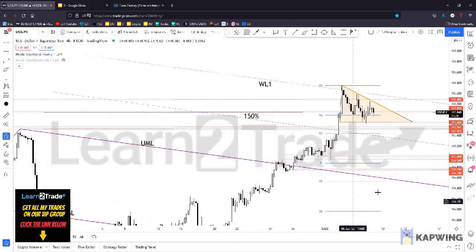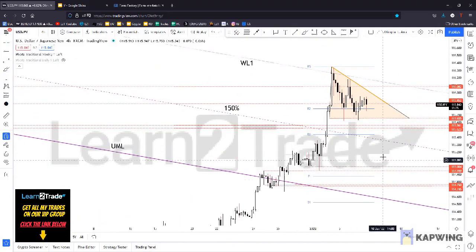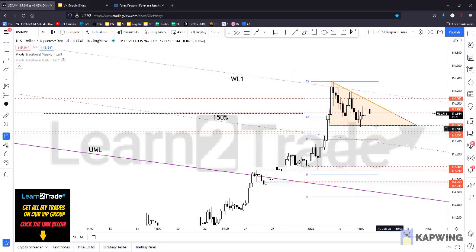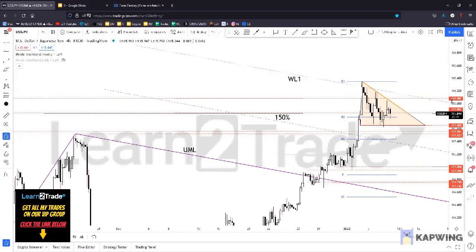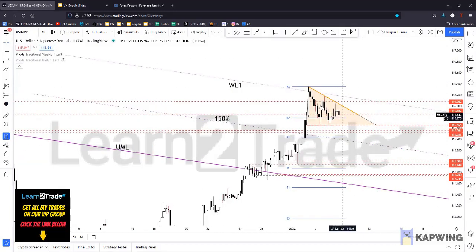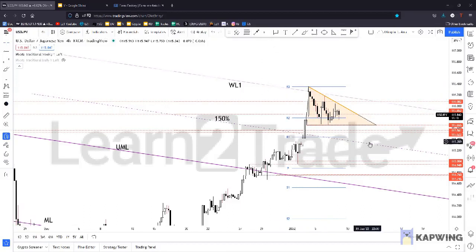In my opinion, if the US data comes in better than expected, I believe the currency pair will make an upside breakout from this triangle, from this pattern, and could signal potential growth. You can see that it has stayed near the warning line, so it has signaled maybe an imminent upside breakout.